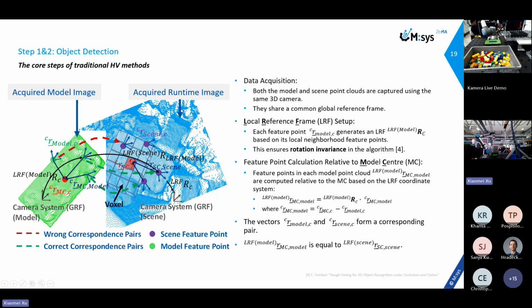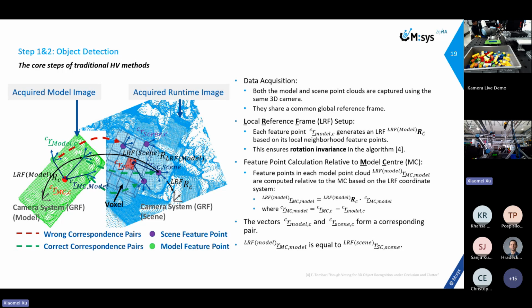Feature point extraction: both the model and scene point clouds are analyzed to identify the feature points, the key points that capture the critical geometry information, for example, points on the corner, edge, and planar surface. Each feature point generates a local reference frame based on its neighboring points, ensuring rotation invariance in later computation.